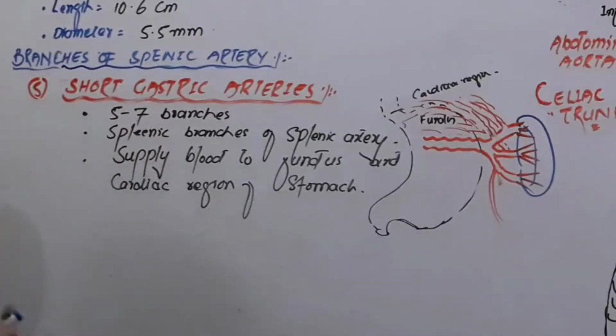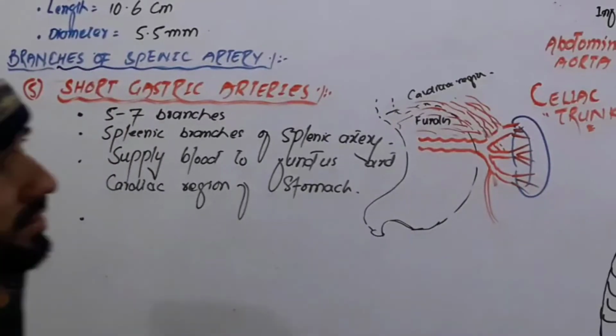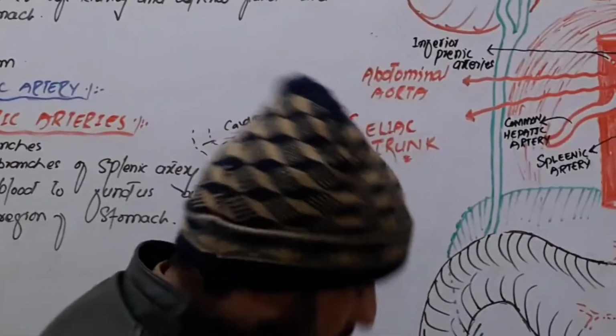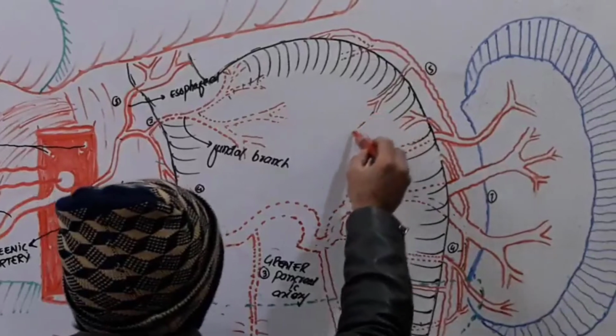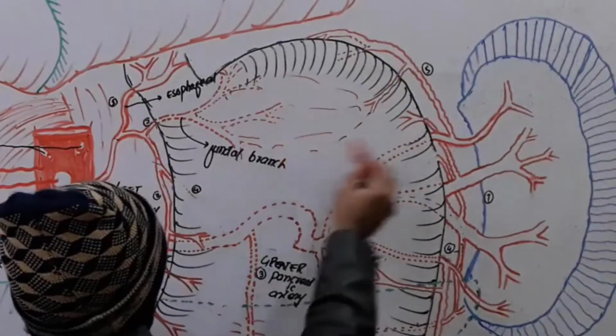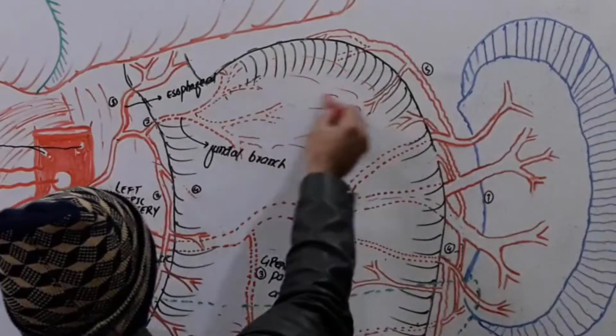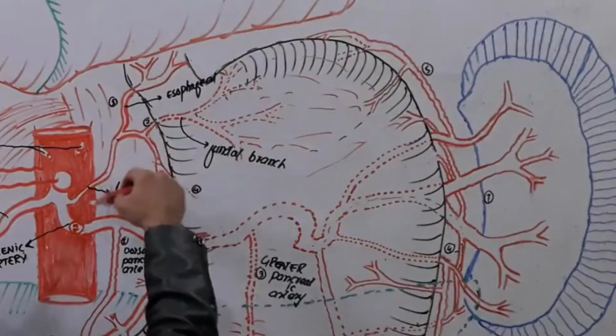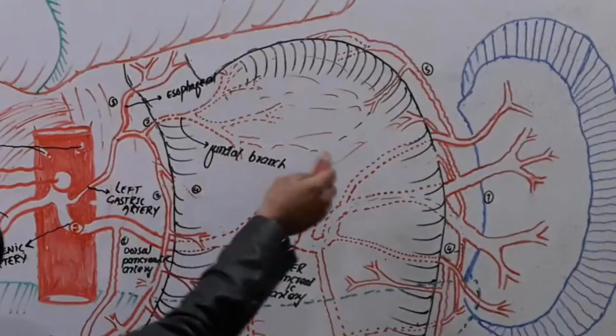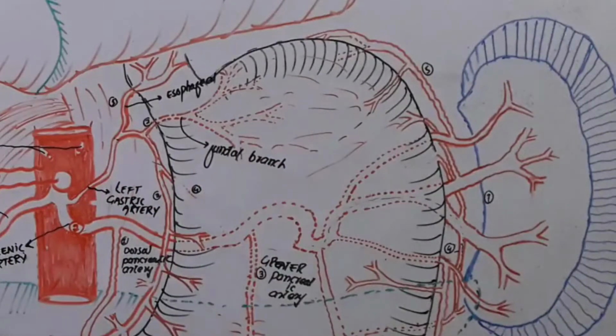Okay, and what other thing, friends? They make anastomosis with the, look carefully, they are coming here, right? They are coming here to the fundus, and they make anastomosis with those branches of the left gastric artery which we have discussed in our previous lecture.